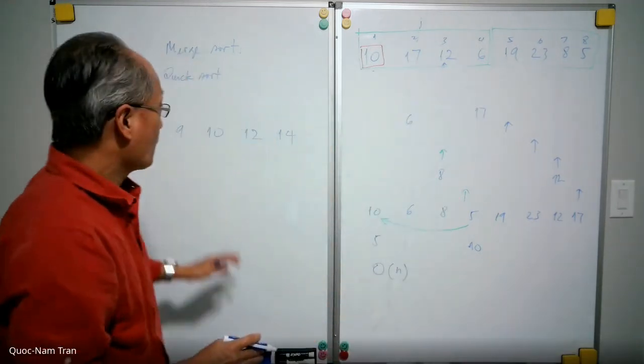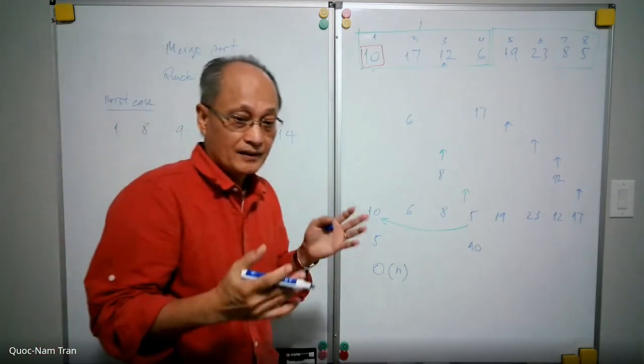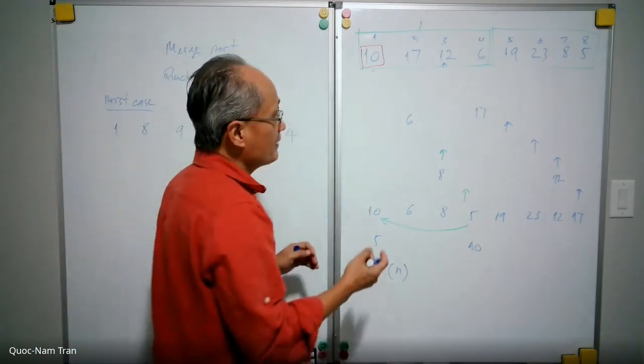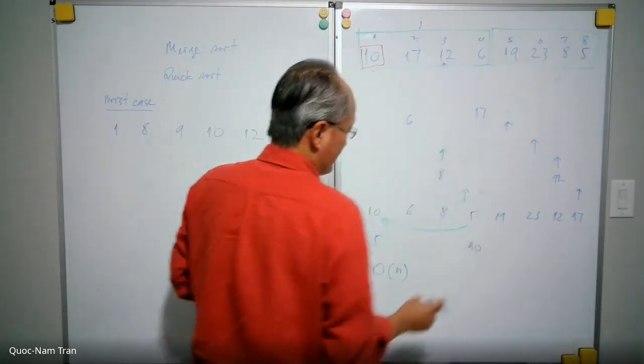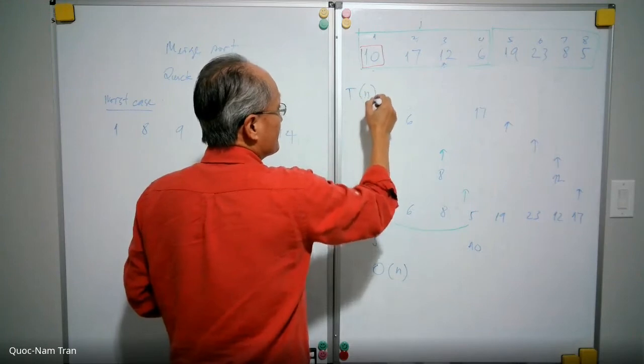Now, quicksort for this case. If you have n elements, then what is the cost for sorting this?